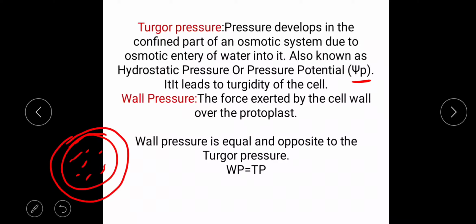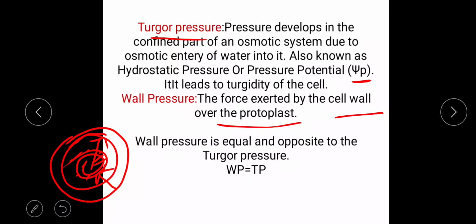So the internal constituents exert a force towards the wall of the cell, on the outer side, the cell membrane or cell wall. This pressure is exerted due to the internal constituents of the cell and the internal entry of water, so that leads to the turgor pressure. Whereas wall pressure is exactly the opposite, the pressure created by the wall towards the cell constituents. So the force exerted by the cell wall over the protoplasm is known as the wall pressure.